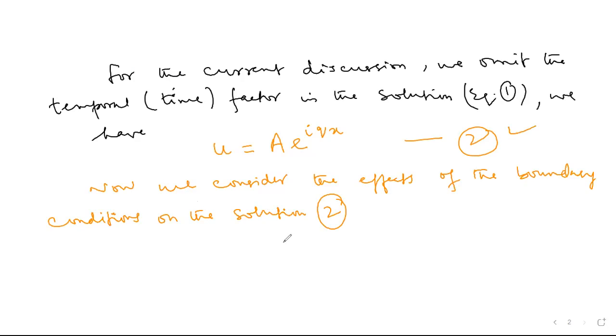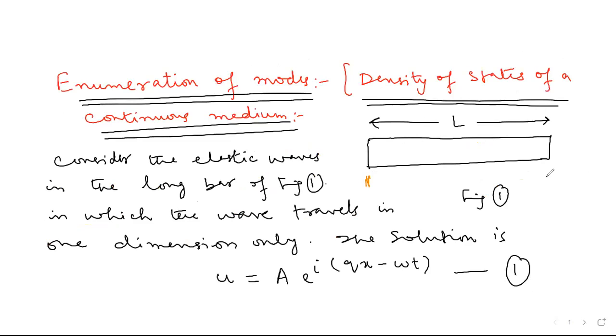And you must remember the boundary conditions are determined by the external constraints applied to the ends of the bar. For example, the ends of the bar, one end is this and second end is this. The ends of the bar might be clamped. You can fix the ends, clamp them as the interior of the bar vibrates, or they might be free to vibrate with the rest of the bar, right?